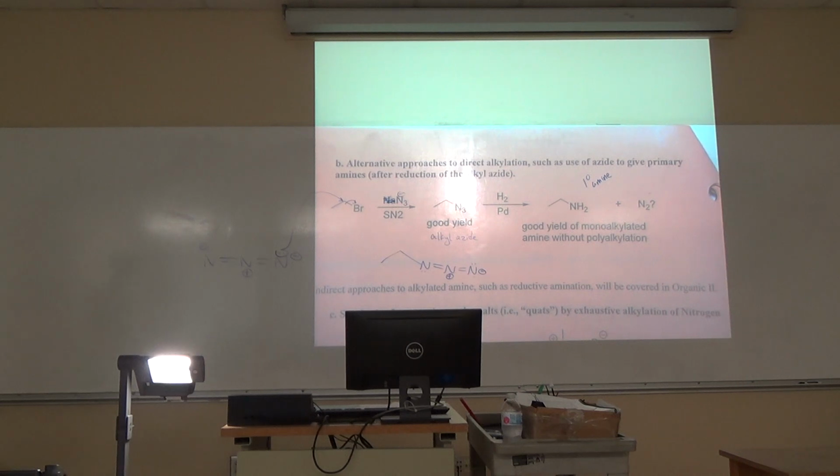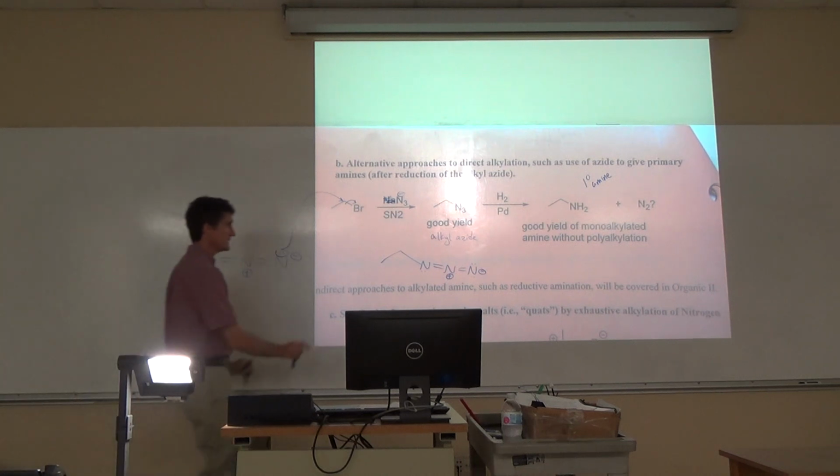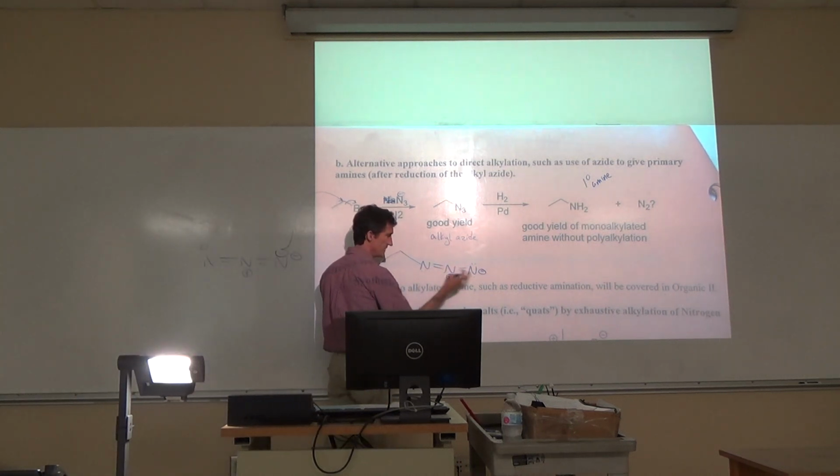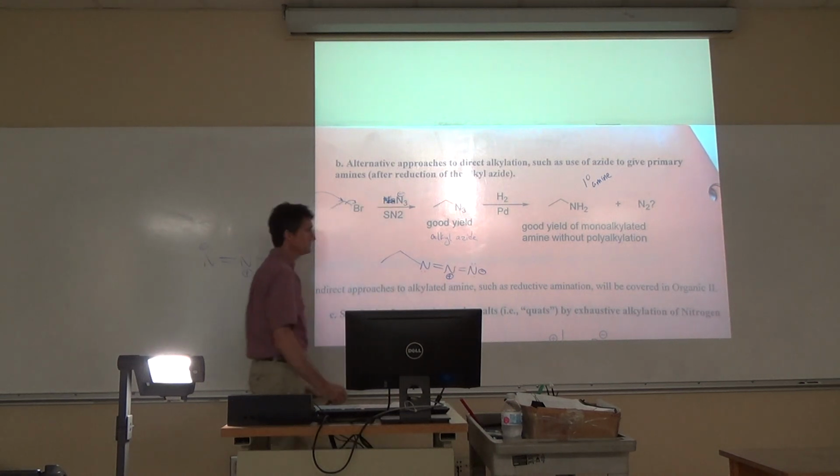Instead using azide gives a better yield because you don't have problems with polyalkylation. Once this alkylates once, it's not going to alkylate again. Even this end will not alkylate because it's so withdrawing here. It does not alkylate again.